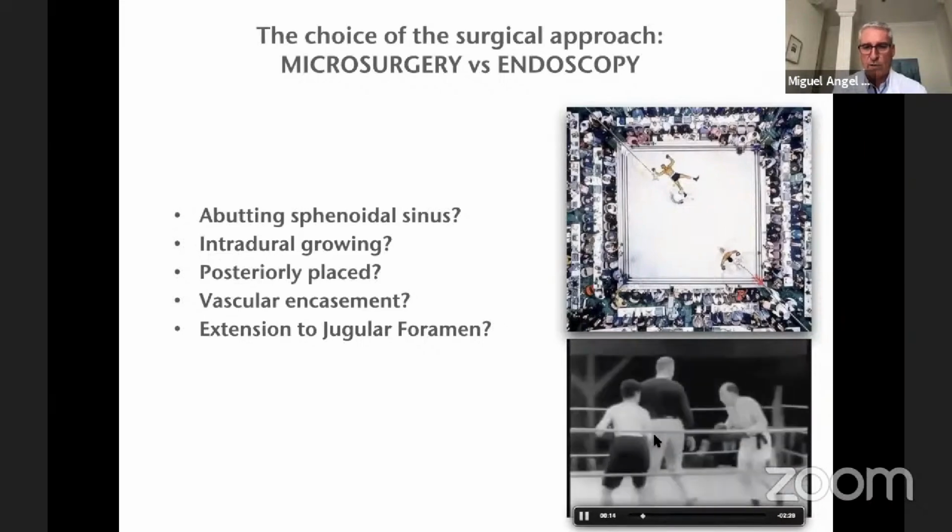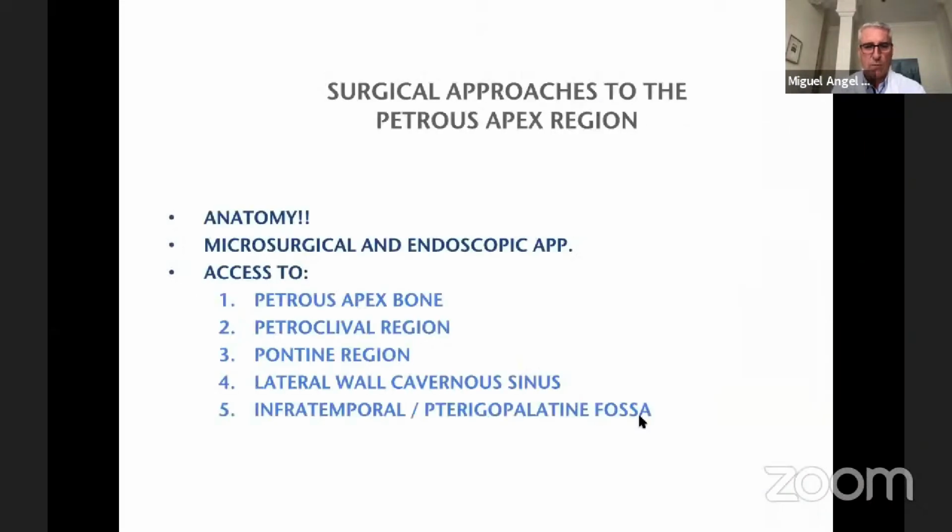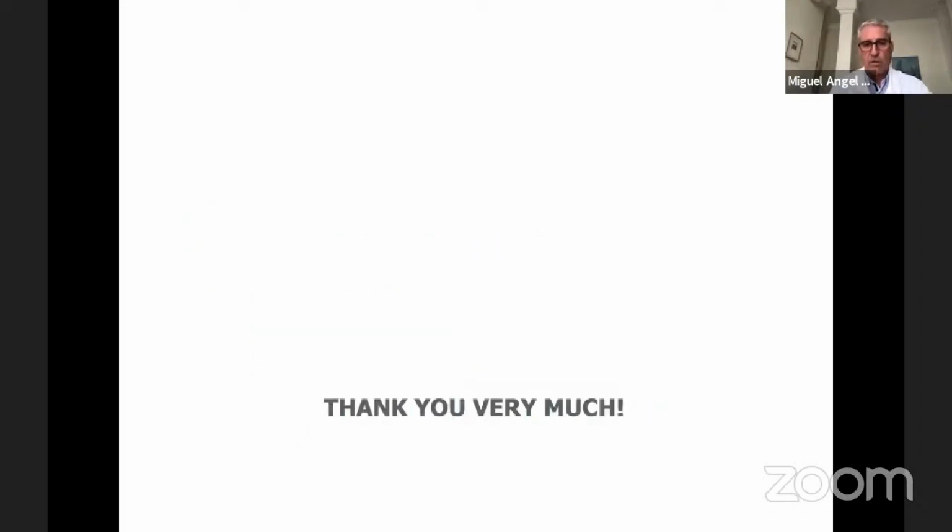You don't have to do that. You have to be frank and combine both techniques. And that way, knowing anatomy and knowing about some surgical steps for microsurgery and endoscopy, I didn't deal with that, you can get access to the Petrous bone, petroclival region, pontine region, lateral wall of cavernous sinus, and also infratemporal and pterygopalatine fossa in case you do endoscopic approach. Thank you very much.